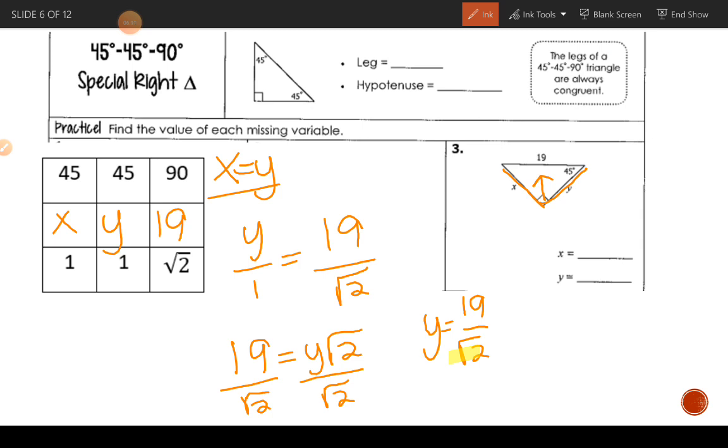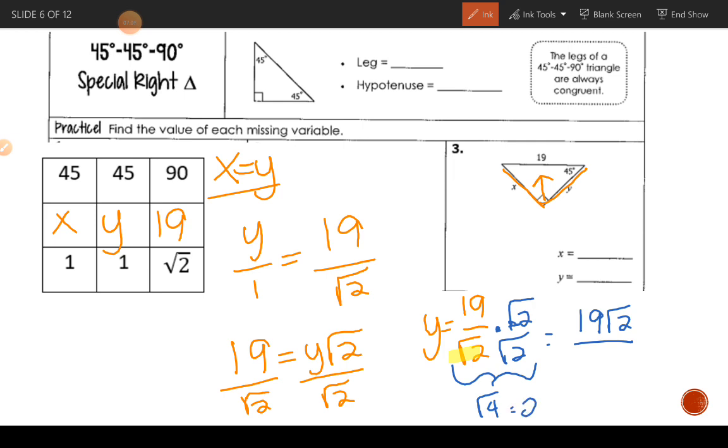So what we need to do is rationalize, which means we're going to be multiplying by whatever's in the denominator. So I'm going to multiply by radical 2 over radical 2. In the top, I get 19 radical 2. And in the denominator, remember, radical 2 times radical 2 is radical 4.